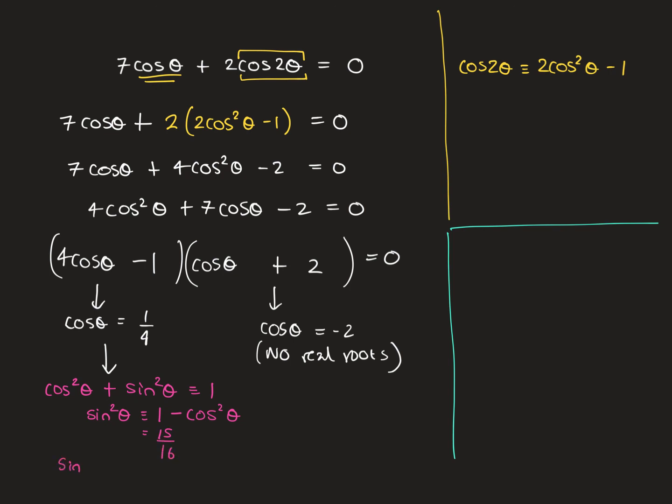So that tells us that sine theta equals plus or minus root 15 over 4, square rooting. Now, y is given by the parametric equation y equals 2 plus sine theta. So y is equal to 2 plus root 15 over 4, or y is equal to 2 minus root 15 over 4.